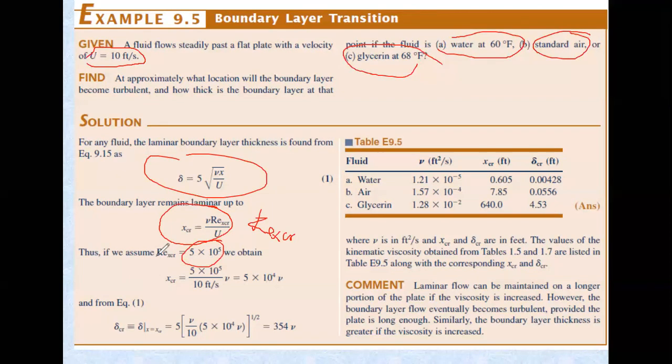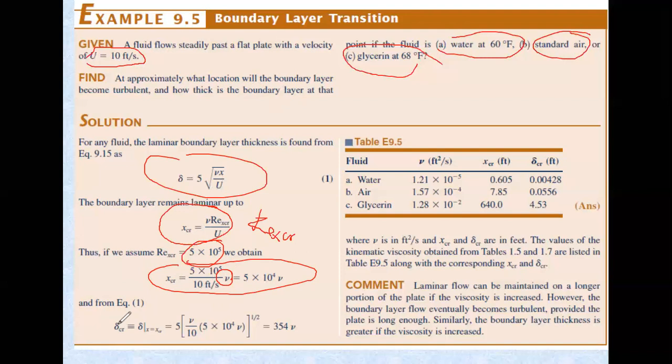So x critical obtained from this is equal to 5 times 10 to the power of 5 divided by the velocity, which is 10, times the viscosity, and we have 3 different fluids, so we have 3 different viscosities.